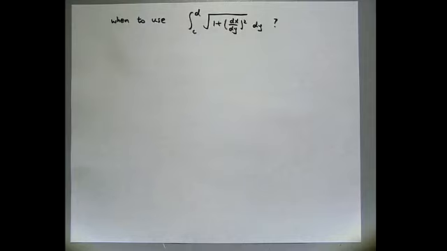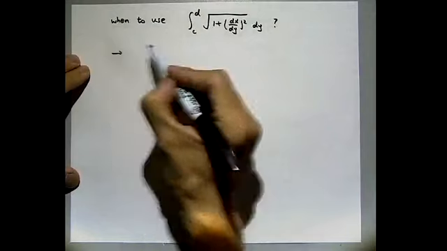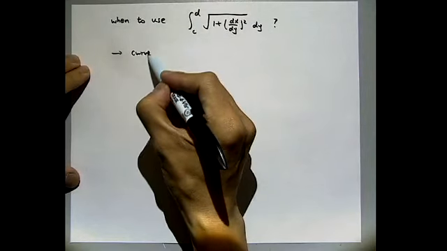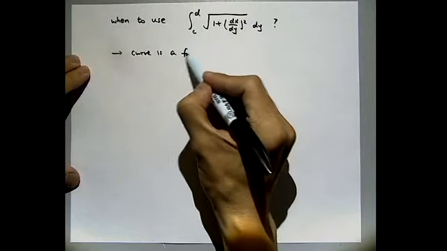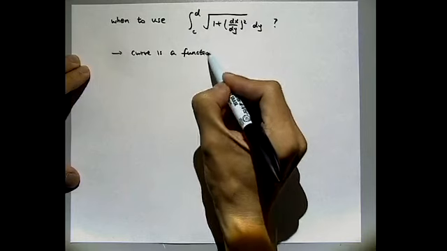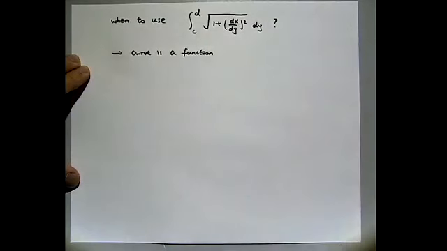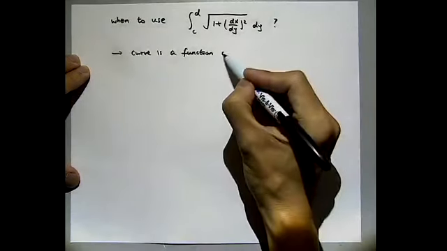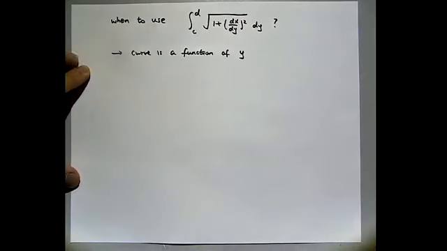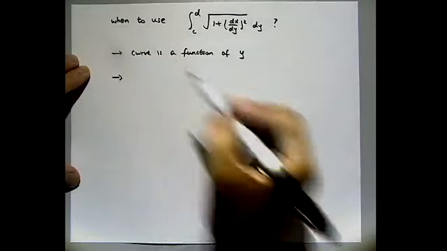Generally, what you want to use this formula, the first reason is when the curve is describing x as a function of y. Right, that's a pretty obvious reason. When you're given x is equal to something involving y, that's a pretty good reason to do it.